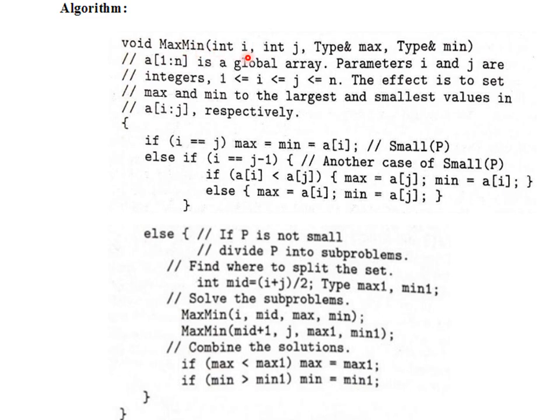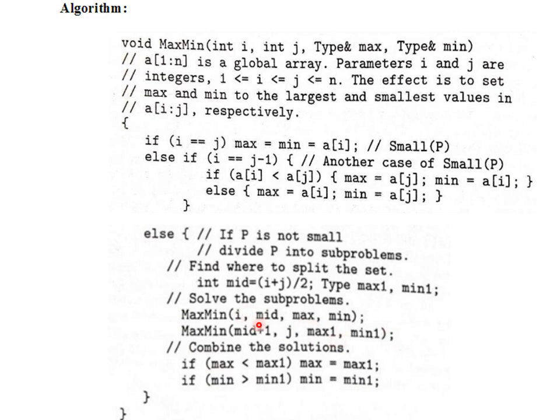If the value of n is greater than 2, then we call the same function two times with different parameters: here i is the lower value, mid is the upper value, maximum and minimum, and here the lower value is mid plus 1, j is the upper value, and maximum 1 and minimum 1.